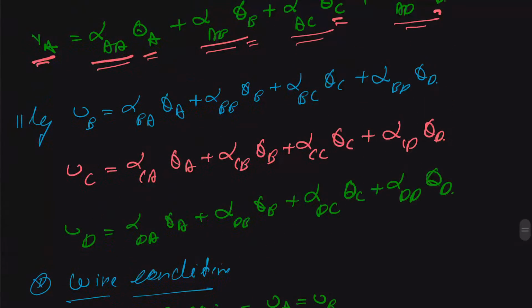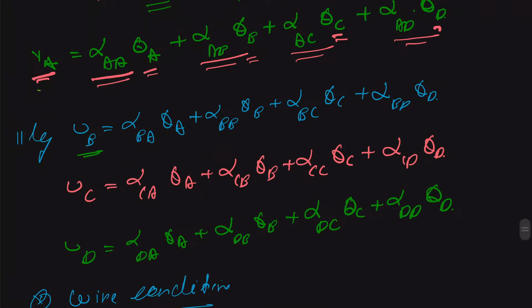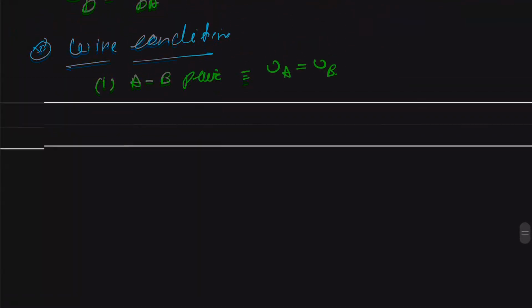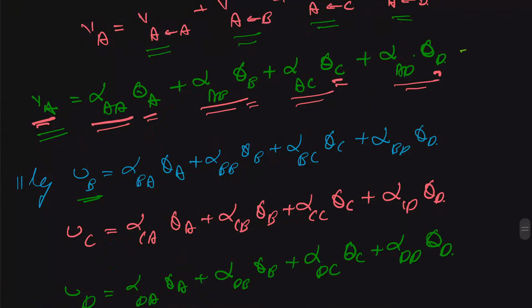Now we are going to equate our VA equal to our VB. Let us call these our equations number 1, 2, 3 and 4.